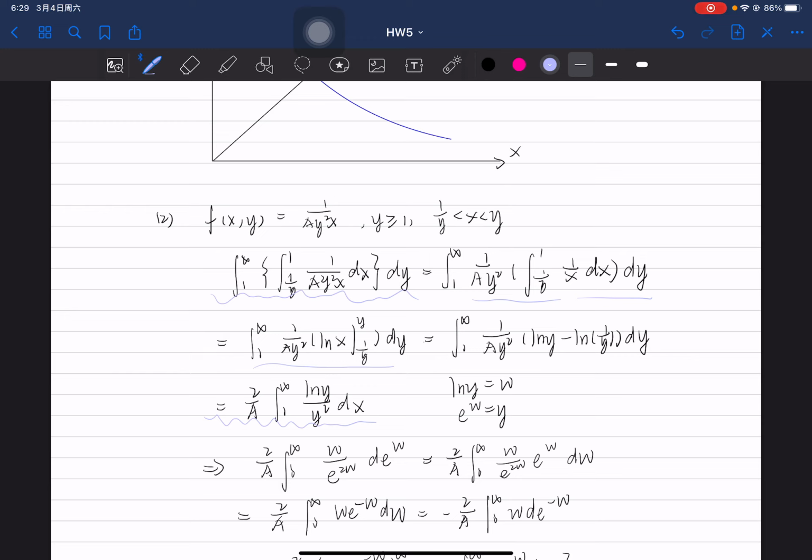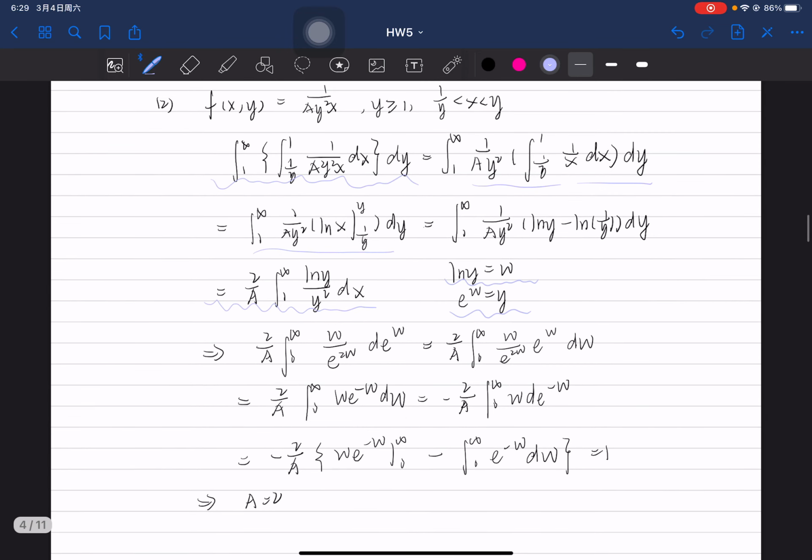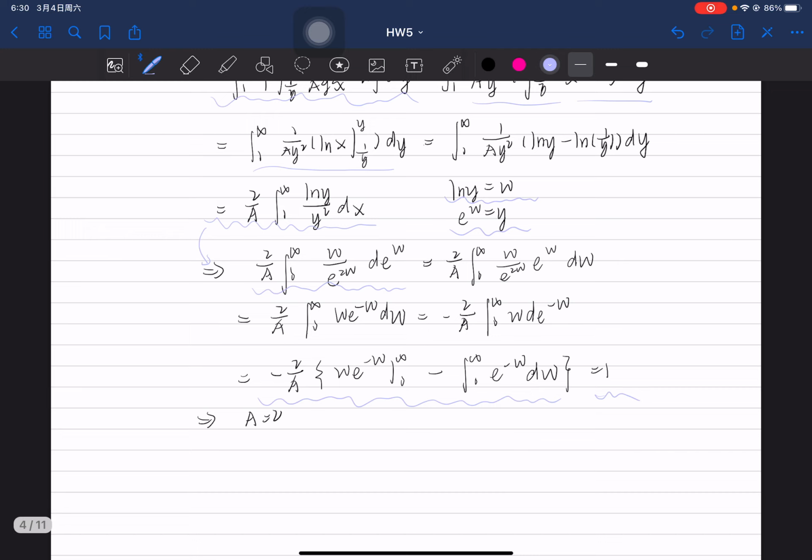Let ln y equal w, so e to the power of w equals y. Substituting into this equation, finally we can get this equation, which should equal 1, and therefore we can get that a equals 2.